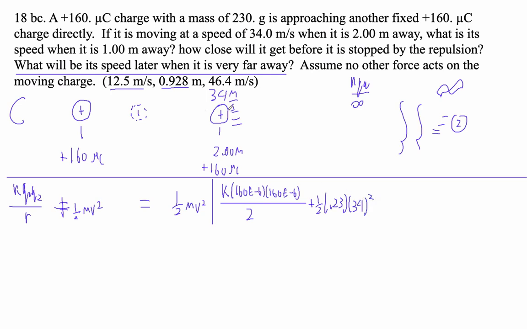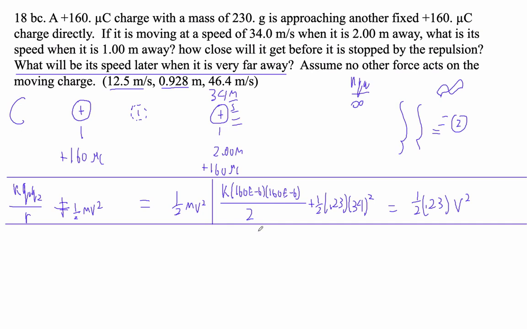So that's the total energy it's got in this situation. And in this situation, it's going to be just kinetic energy because it has no potential; it's infinitely far away. So this is just going to be 1/2 times 0.23 times v squared, and that's what we're solving for: how fast is it going.